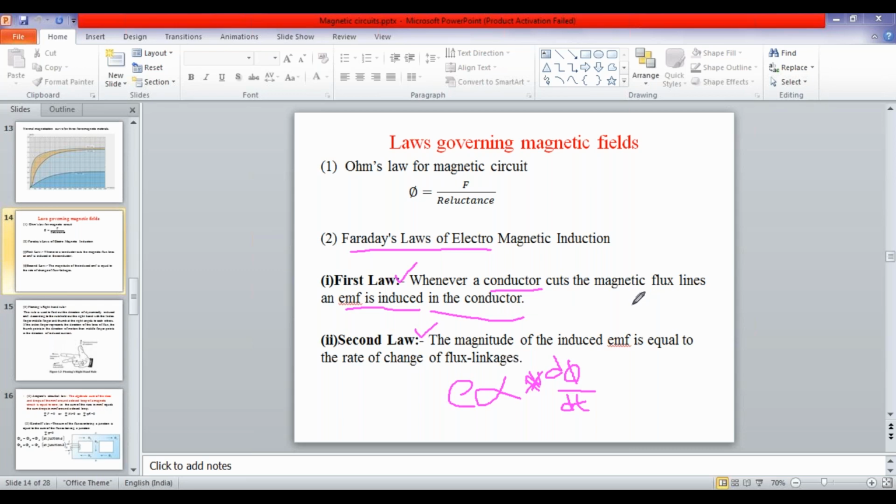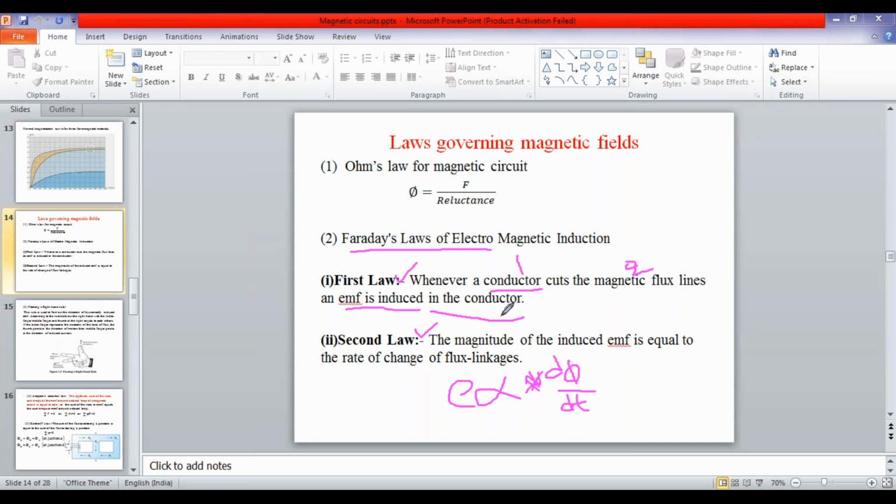So in order to induce an EMF, we require a conductor and magnetic flux lines. Two things are required for the production of induced EMF: a conductor and magnetic flux lines. Without a conductor and without the magnetic flux lines, it's not possible to induce an EMF.